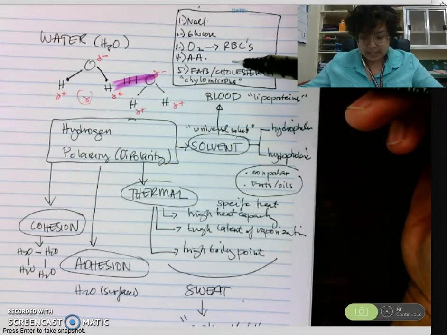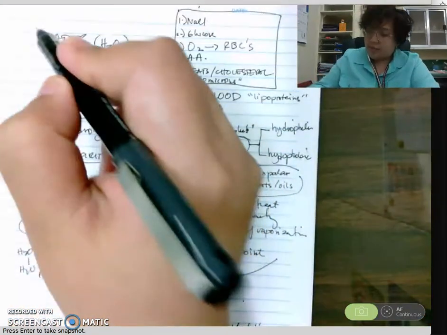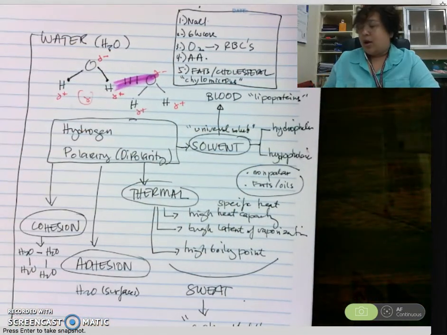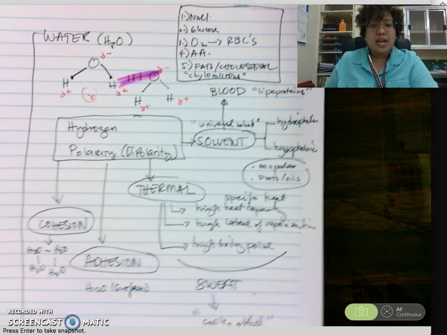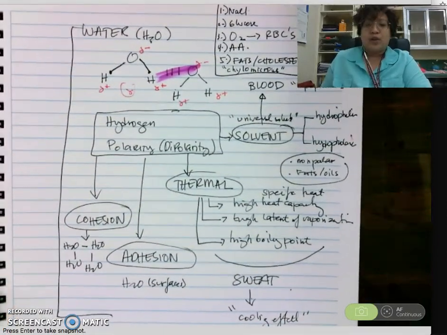Okay, let's see, what else do we need to know for this unit? Now, all of this property of water makes it very unique and ideal and very useful for living organisms.